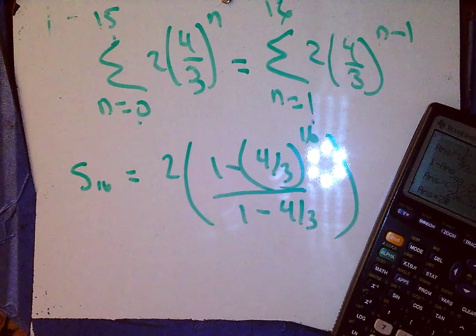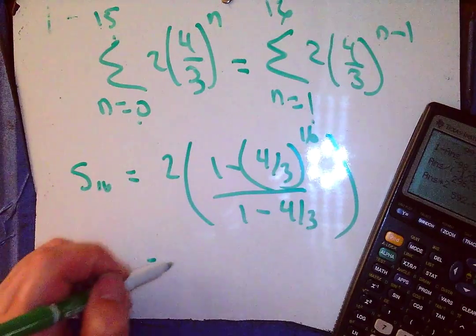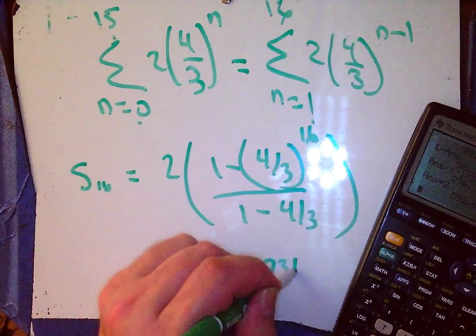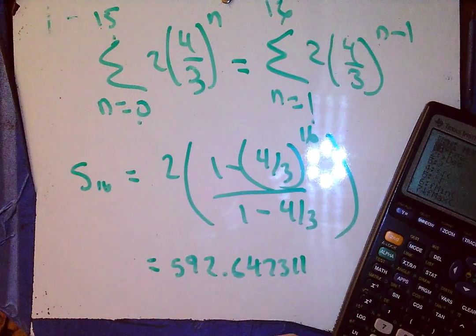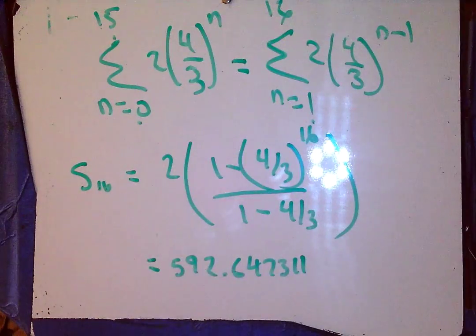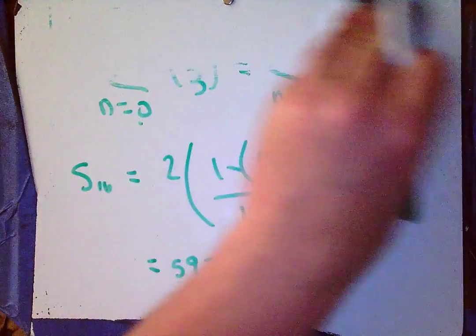Don't forget to multiply by 2 at the end, and I end up with 592.647311. Does that convert nicely to a fraction? No, not for my calculator. So let's do one more of those, and then we'll move on.